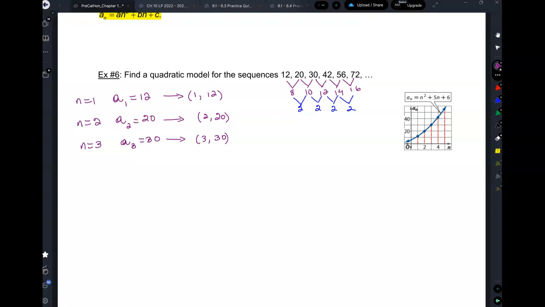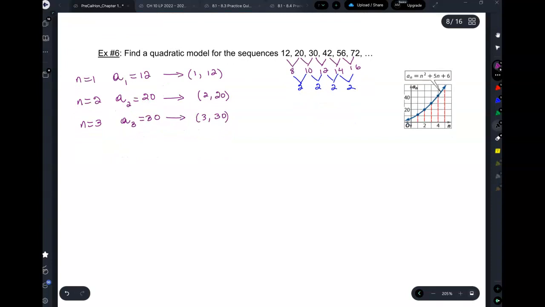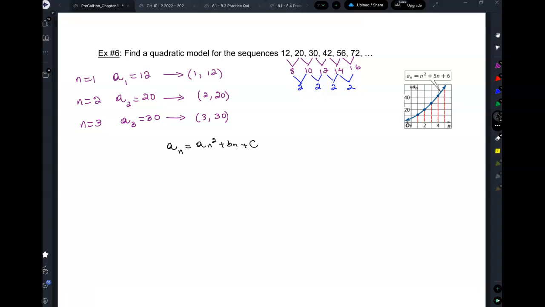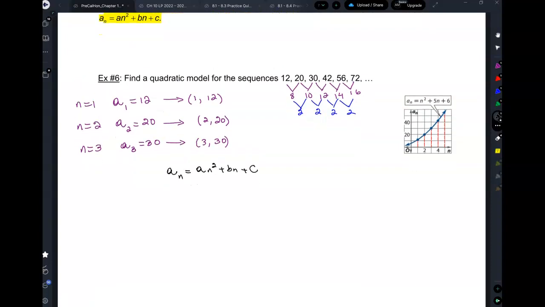Now we're going to plug these into the equation that I highlighted over there. So here's the equation we're going to plug them into. A sub n is equal to a n squared plus bn plus c. Take a look at this.